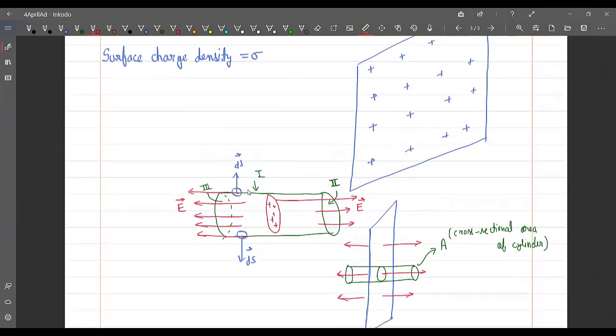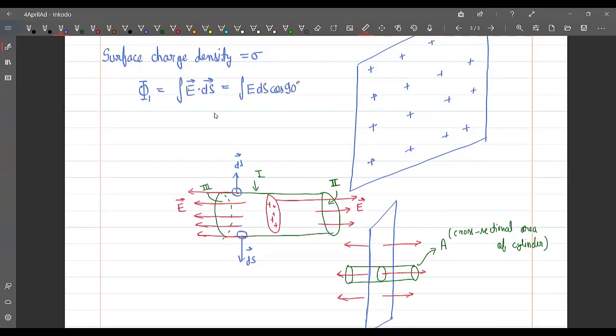So I'll calculate flux due to the first portion first. That will be integration of E dot ds. For the first surface, the angle between the ds vector and E vector is 90 degrees. So it will be E ds cos 90.